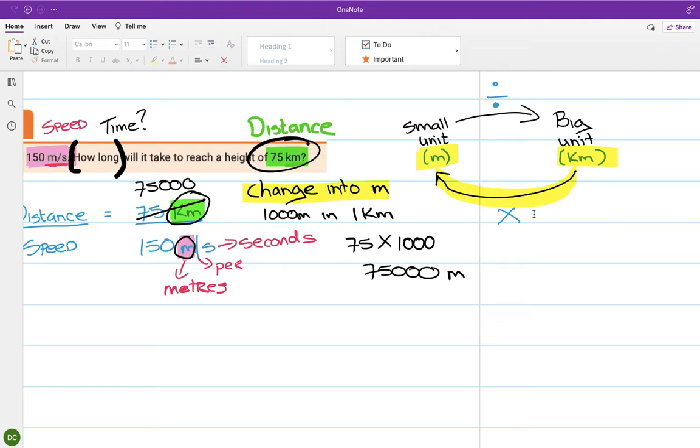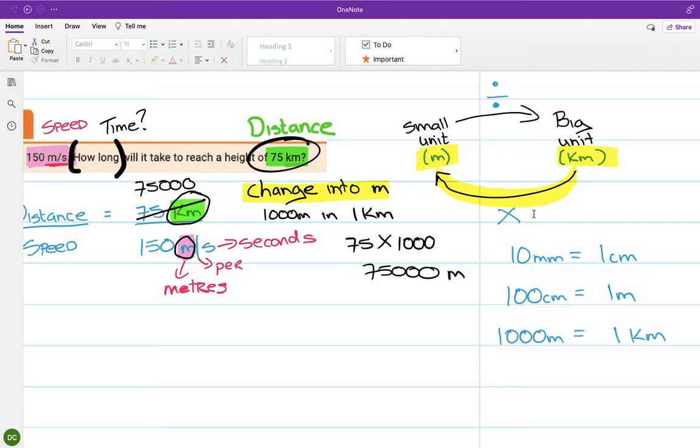Then it's about deciding what we multiply by. So there's like a list of them. I'll write a few of them down. So 10 millimeters is 1 centimeter. 100 centimeters is 1 meter. 1,000 meters is 1 kilometer. Yeah, that's pretty much it actually.